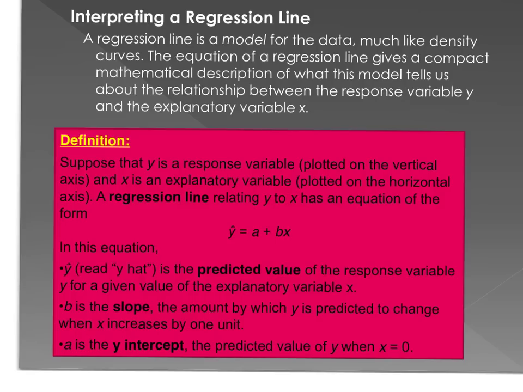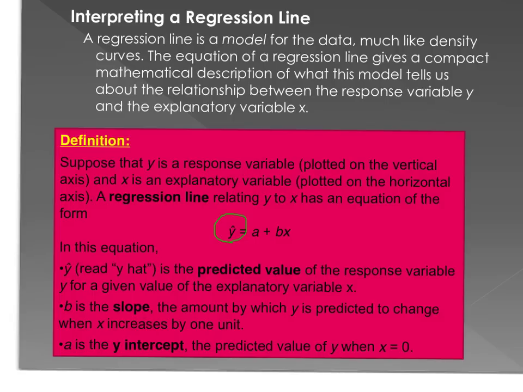Okay, a regression line is a model for the data. Again, we use it to make predictions for the two quantitative variables that we are looking at. The regression line always has the form y hat equals a plus bx. And this is a new symbol that you need to become familiar with. Y hat has a y with a little caret above it, and we read that as y hat. It is the predicted value, where y is always the actual value.